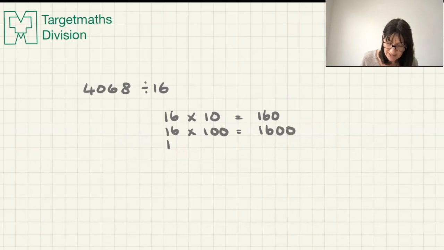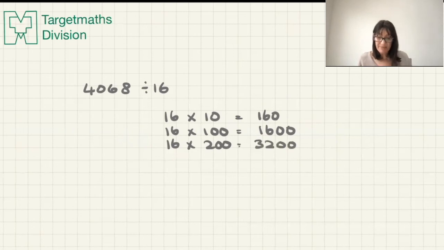I could then try 16 times 200. And that is going to give me double 16, 32 with my 2 zeros. I'm getting closer. I might work out my 5s, might work out my 50s, add them on. It's not a bad method. It's not ideal. If it doesn't go exactly, then it can sometimes be a bit confusing just towards the end. But chunking is another way of dealing with 2 digits.